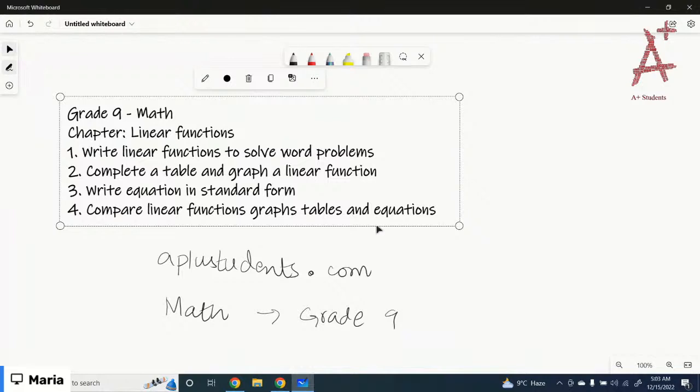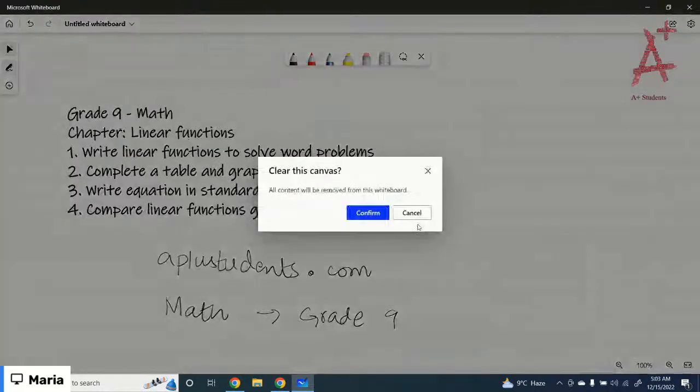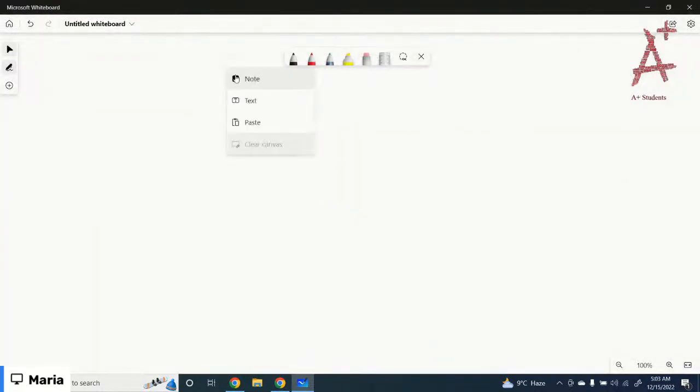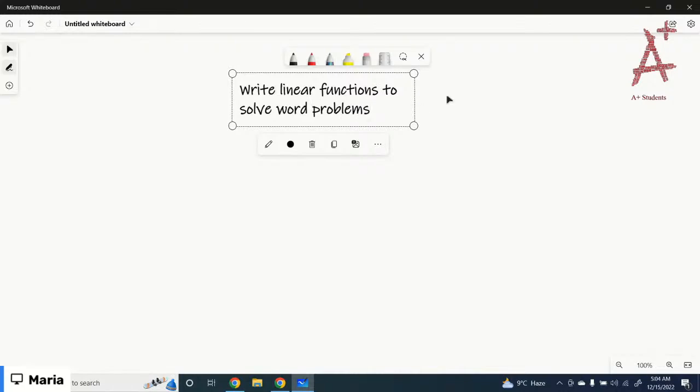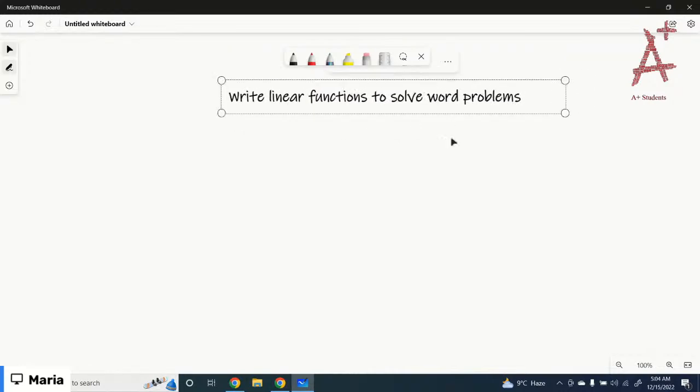Please make sure you have your notebook and pencil so that you can note down the important lessons and definitions as well. The lesson name is write linear functions to solve word problems.